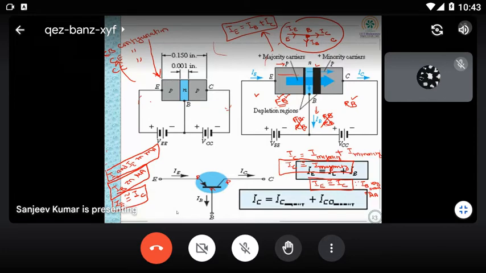That part may be clarified in the physics part. If you are more interested, you can refer to those books also. Okay, sir, thank you. What we are dealing with here is these features and how you implement them in circuit design; that part we will discuss in this subject.